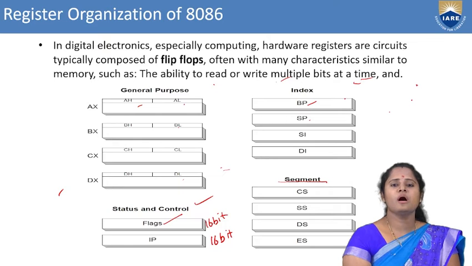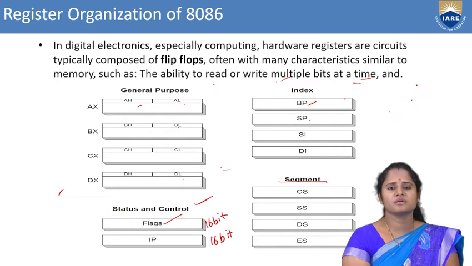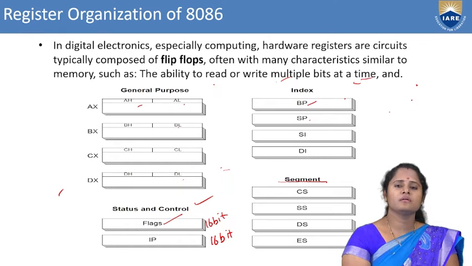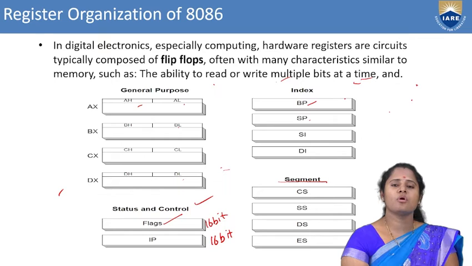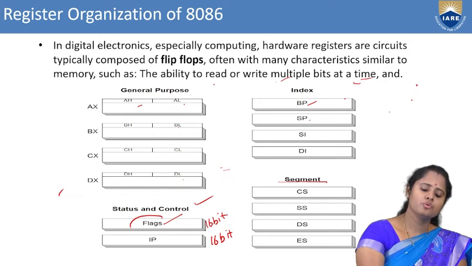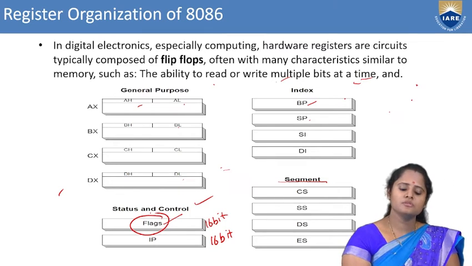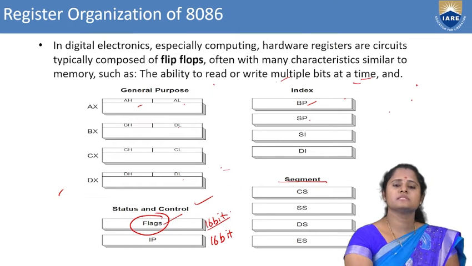If the CPU is executing many instructions and sending the output, you need some interrupts. You may have an interrupt, or a carry, or the result may be 0, or you may have an auxiliary carry. All these output statuses of the CPU will be shown by the flag register. And the flag register is 16-bit.